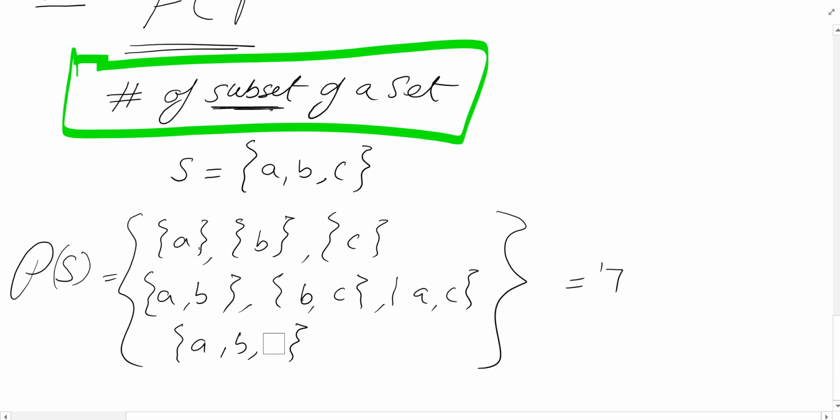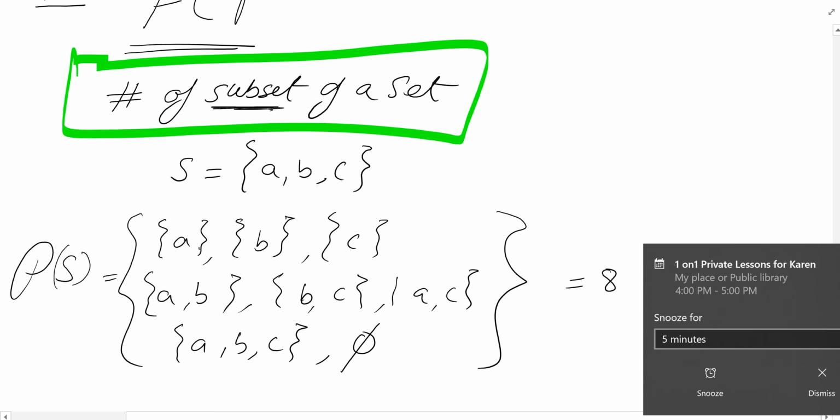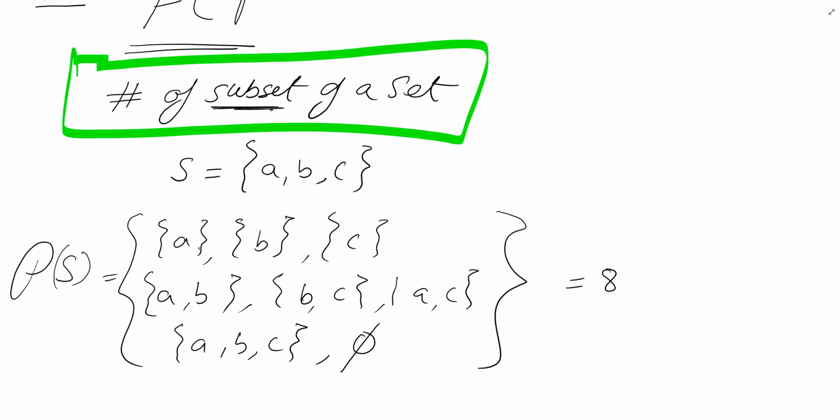So let me go over the textbooks. I missed something there, which is the empty set. You're supposed to put it at the start, right? You can write it anywhere. It means a set which contains none of them. So in total, we always include that as a subset. That's 8 in total.